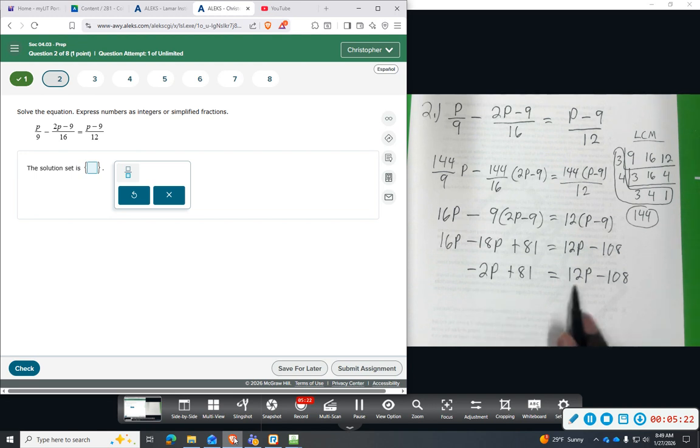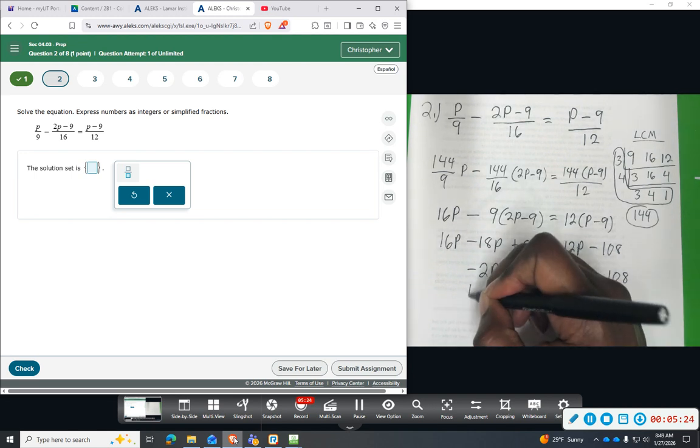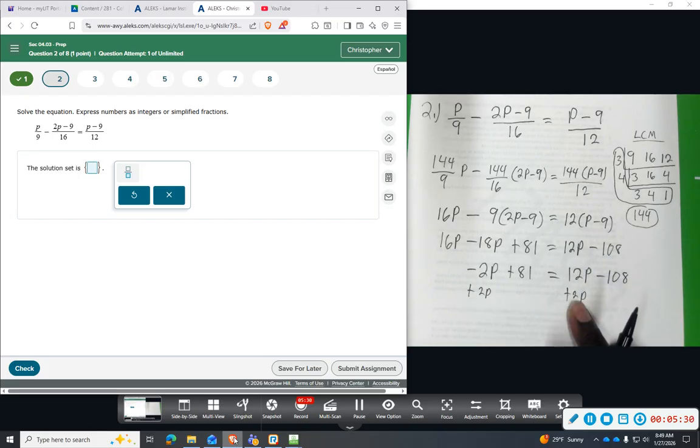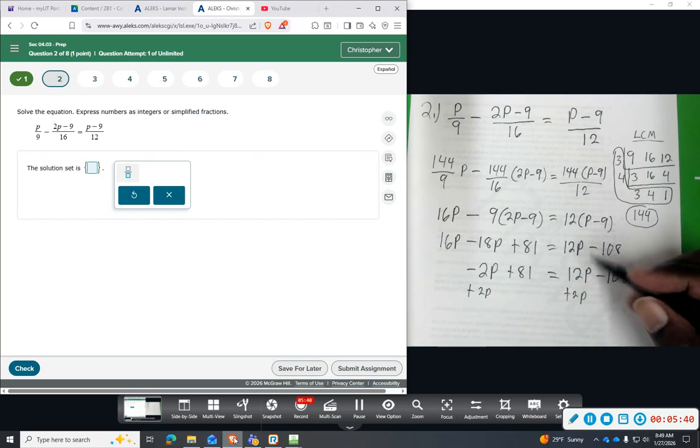I'm going to add the 2p. I'm going to combine the two expressions with variables. I'm also going to move the numbers to the same side. So the p's will be on this side, so I'm going to move the 108 over here. So I'm going to add 108 to both sides.